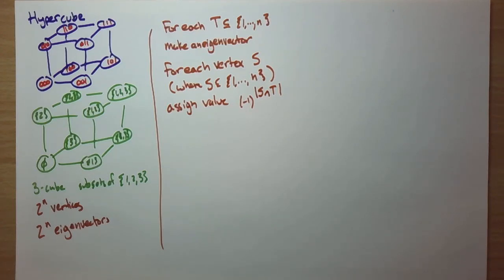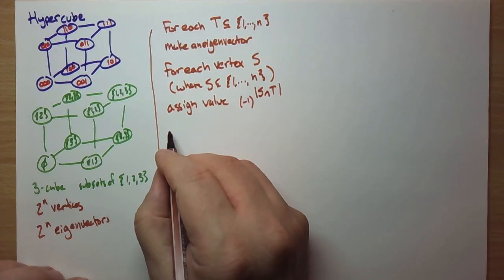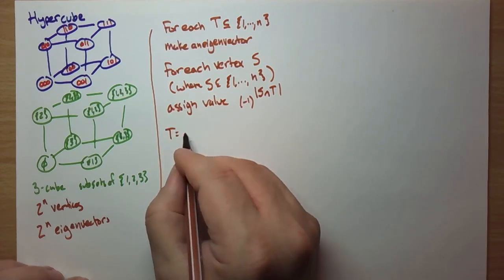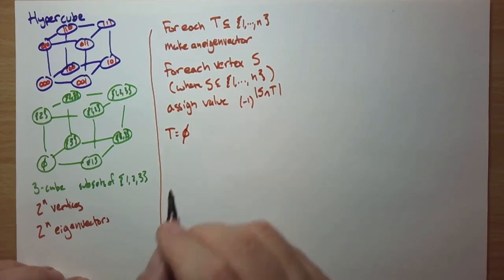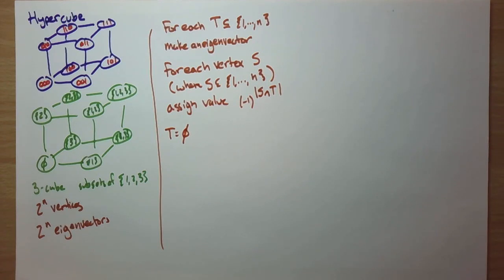Now there's a couple of eigenvectors which are really easy. What if T is the empty set? What eigenvector does this produce? What do the entries look like? Well, S intersect T is always empty, because you're intersecting with the empty set.